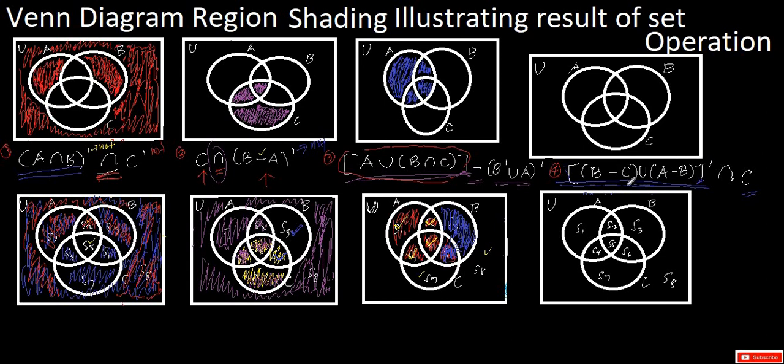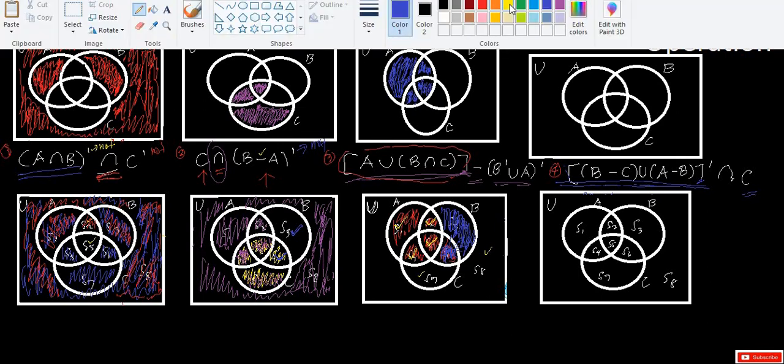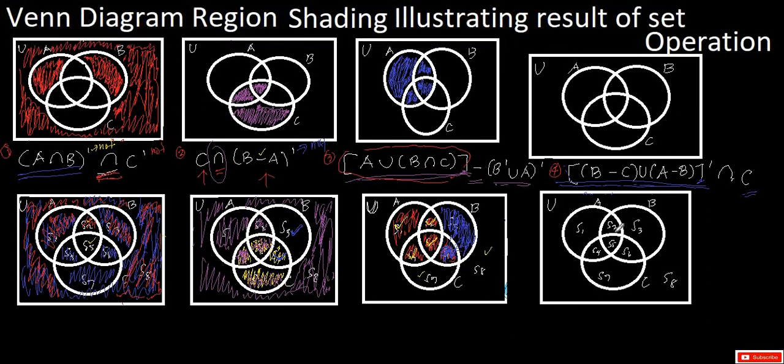Okay, so as I have said, we will use checking technique here in determining the regions which are results of this operation, and we will use the shading for the result of the complement operation. So we'll use a yellow color for the checking.